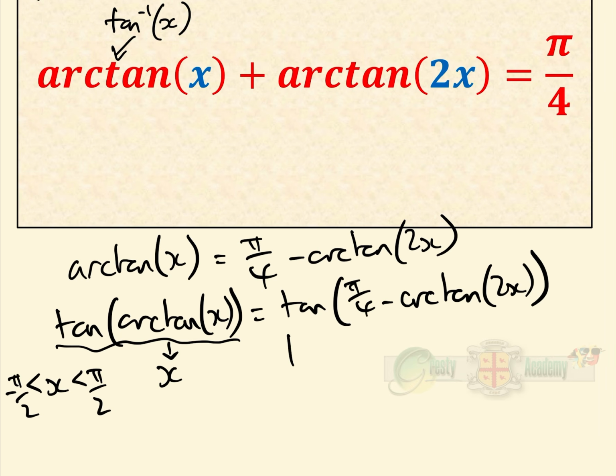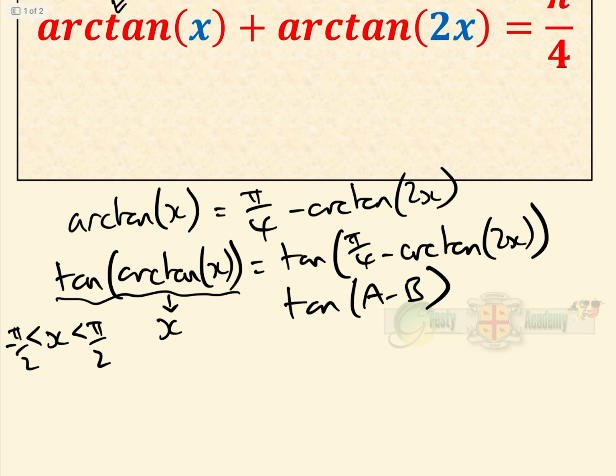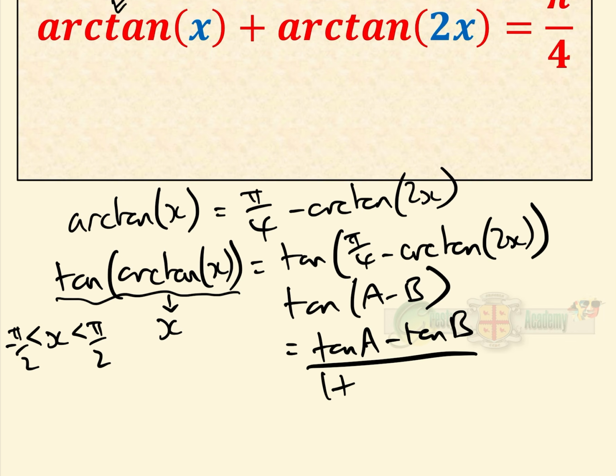Now this side here, we'll look at it as tan of a minus b, and we're going to use the formula there. Tan of a minus b equals tan a minus tan b over 1 plus tan a tan b.